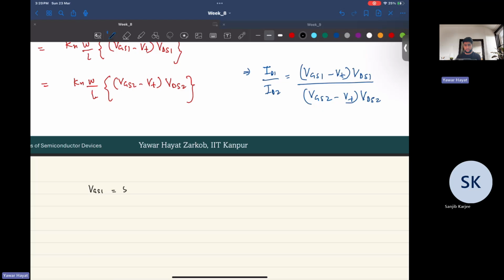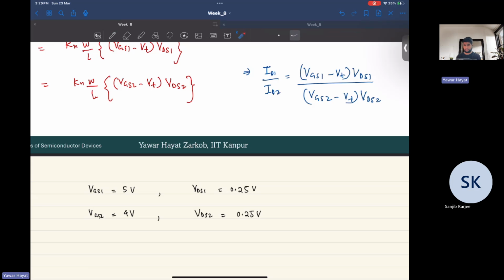Your VGS1 is 5 volts, right? And your VDS1 is, suppose I give you this info, right? Similarly, your VGS2 is 4 volts, and your VDS2 is the same, 0.25 volts.